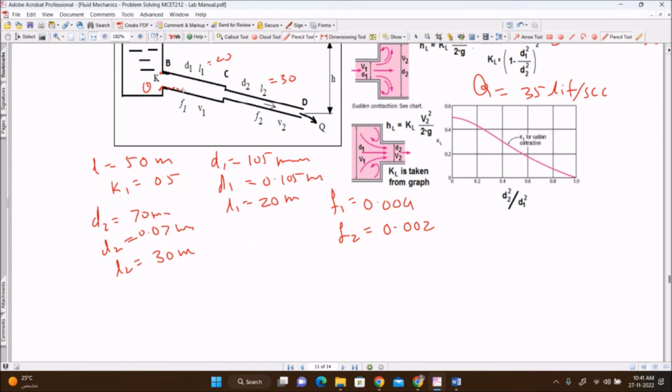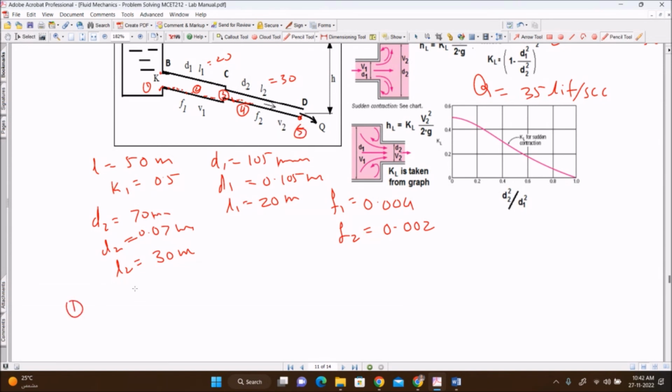Then number 2, a head loss due to friction by Darcy. Then number 3, a head loss due to sudden contraction. Then number 4, a head loss due to Darcy friction. Then there is a head loss at exit. So we need to consider the 5 losses.